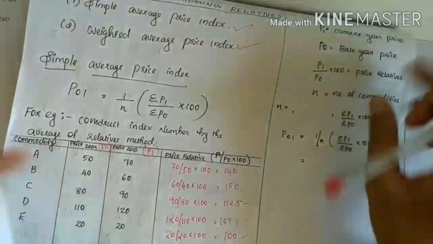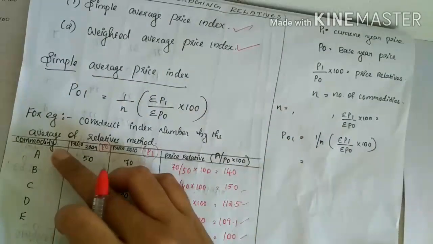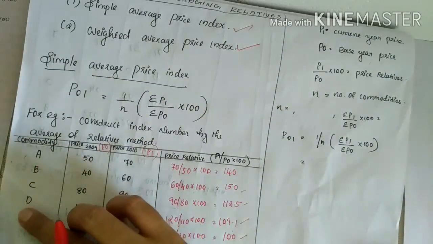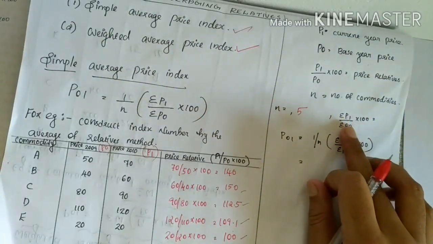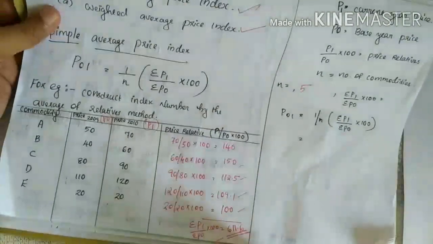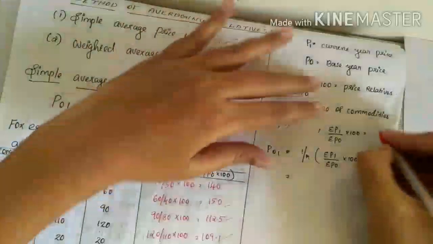Then applying the equation, n means the total number of commodities. Here the total number of commodities is 1, 2, 3, 4, 5, so the value of n is 5. Then the sum of P1 divided by P0 into 100, we already found, is 611.6.